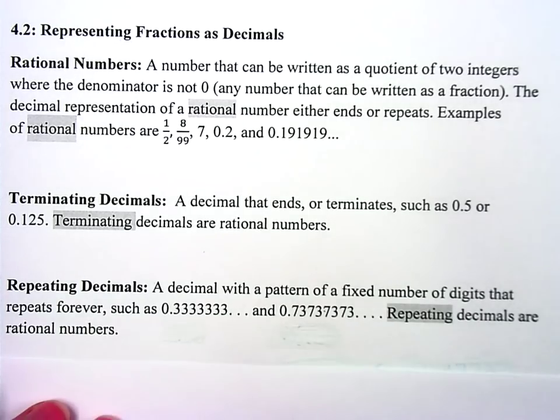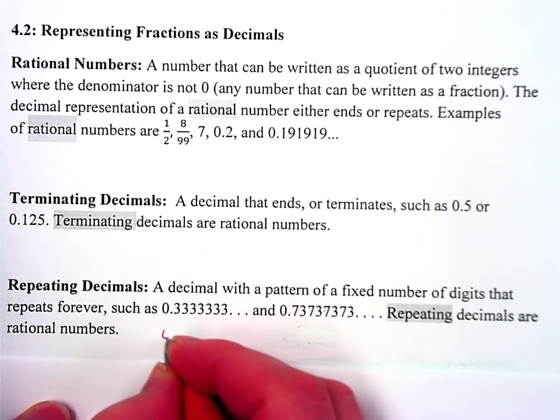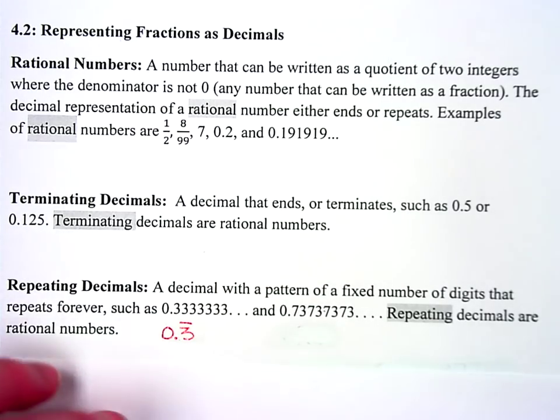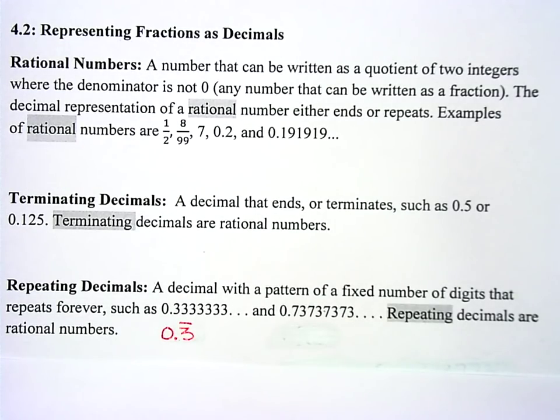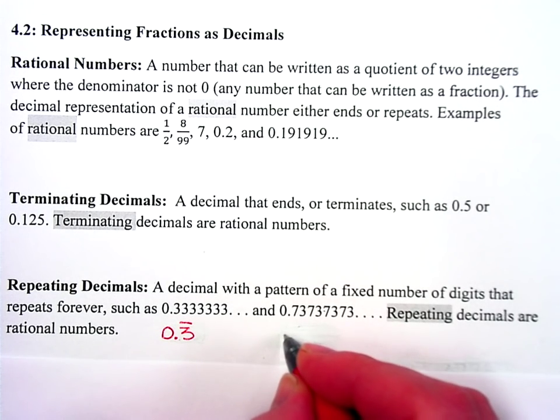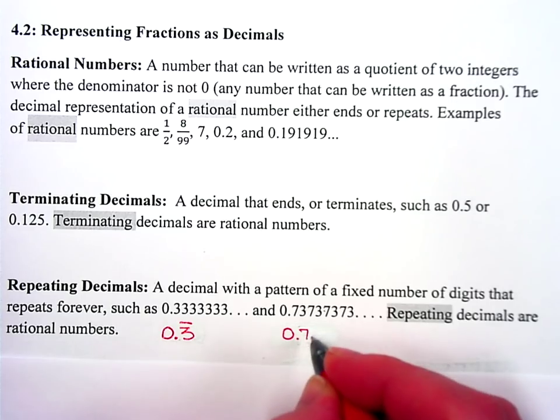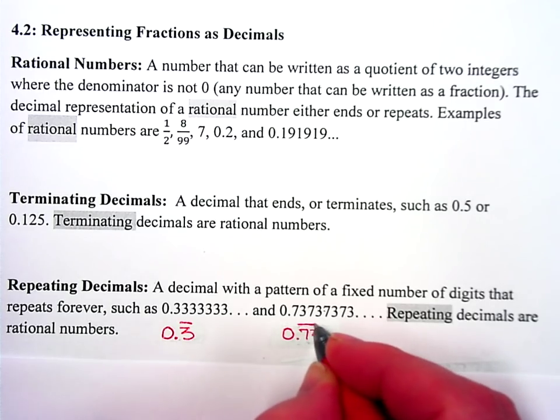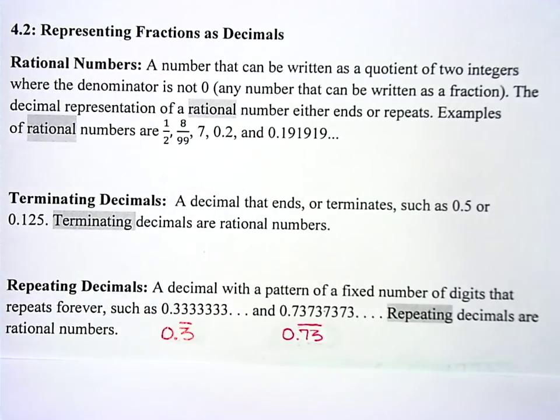If you have 0.333 repeating, in shorter version you can write 0.3 and then just put the repeating bar above the first digit that starts repeating. So for 0.73 repeating, we would put 0.73 and put the repeating bar above both digits.